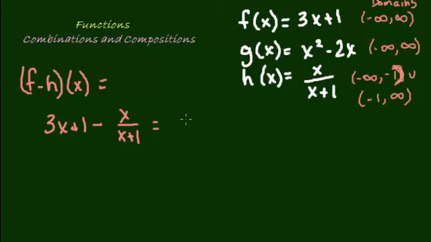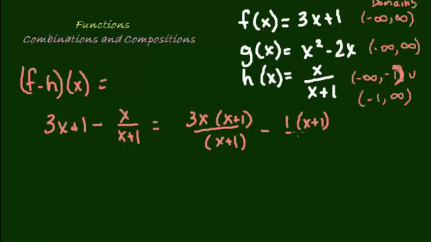So I have 3x times x plus 1 over x plus 1, minus 1 times x plus 1 over x plus 1, minus x over x plus 1.